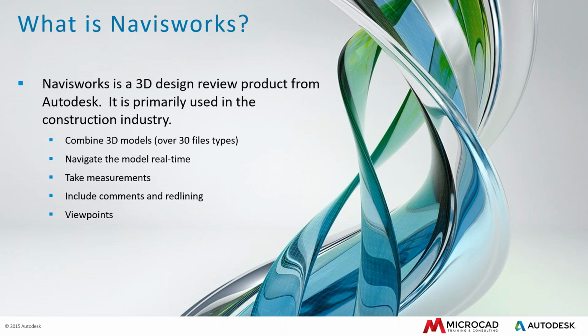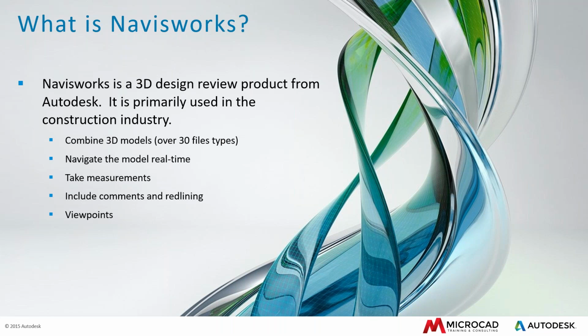It basically combines 3D models, and you can bring in over 30 file types, like SketchUp, Inventor, Civil 3D objects, SolidWorks. You can combine all these into a holistic model, and I'm going to show you that. You can navigate the model in real time.